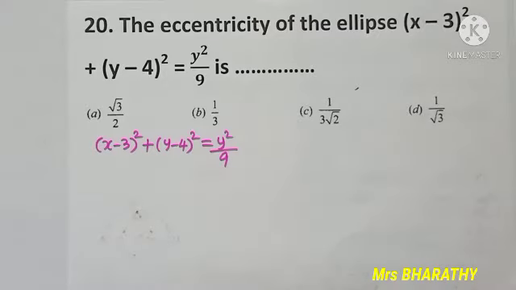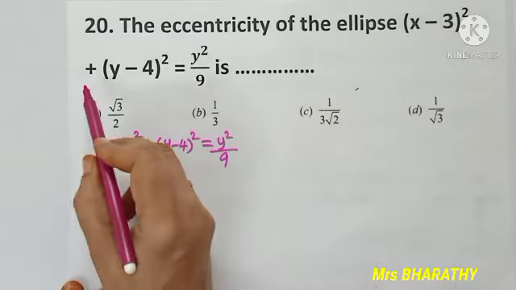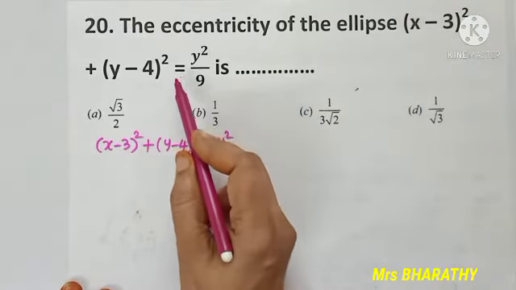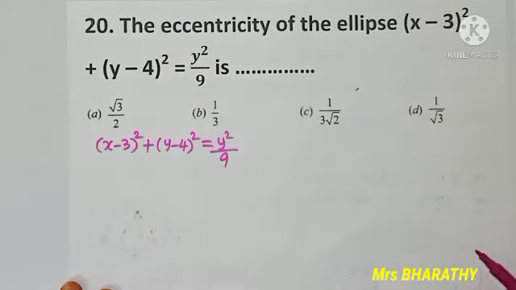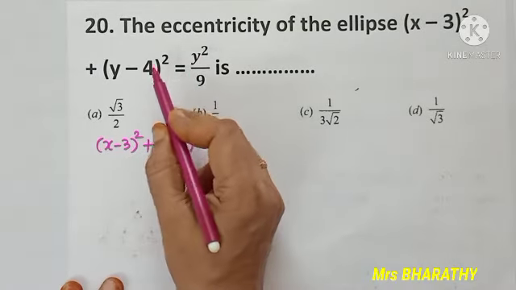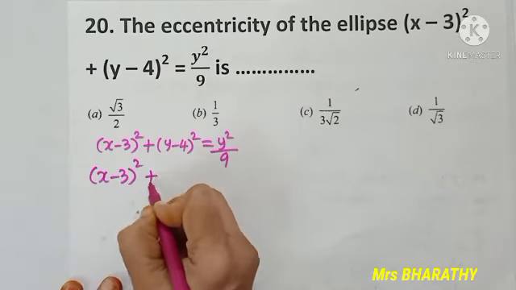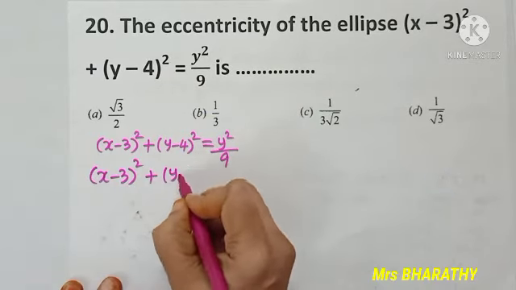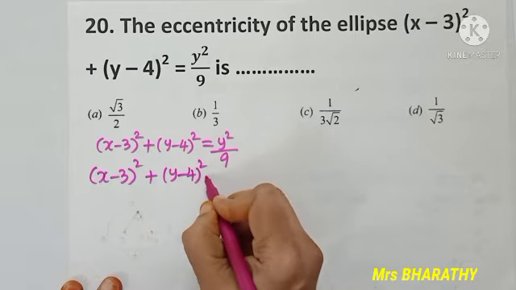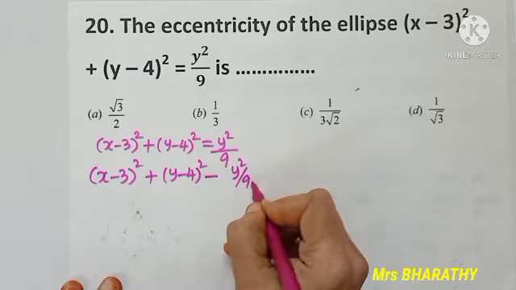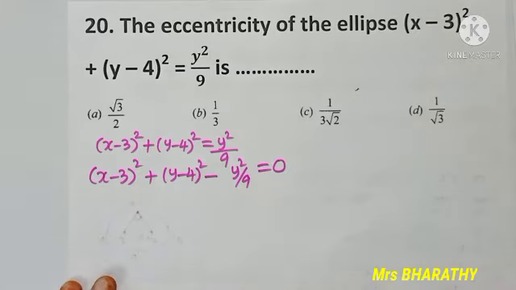Question number 20. Eccentricity of the ellipse x minus 3 the whole square plus y minus 4 the whole square equals y square by 9. Bringing y square by 9 to the left, I have x minus 3 the whole square plus y minus 4 the whole square minus y square by 9 equal to 0.